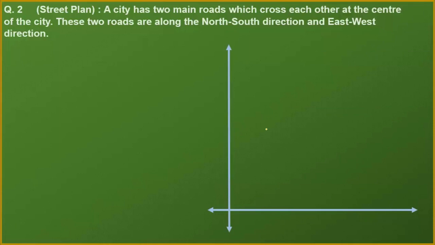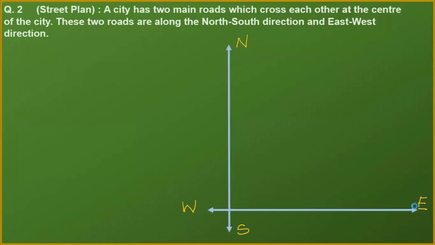Now the vertical line you are looking at here, we can say it is the north direction and this will be the south direction. Similarly, this will be west and this will be east. So these are the two roads in the city crossing each other at one particular point, and the directions are mentioned as described here.